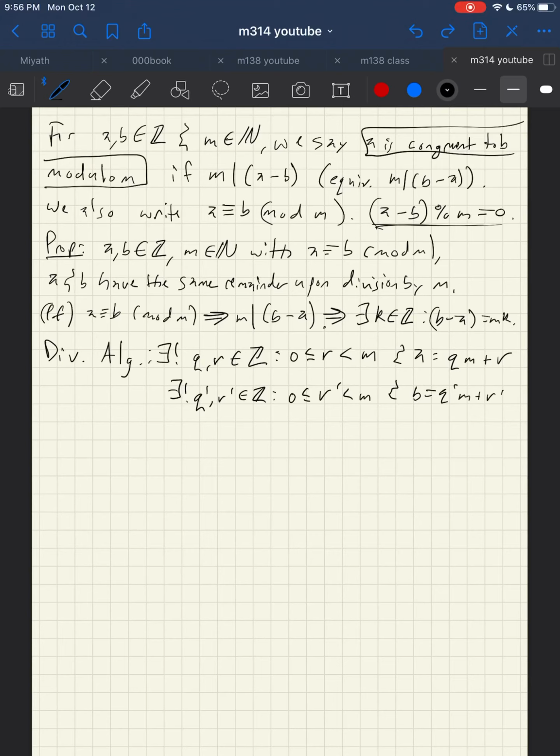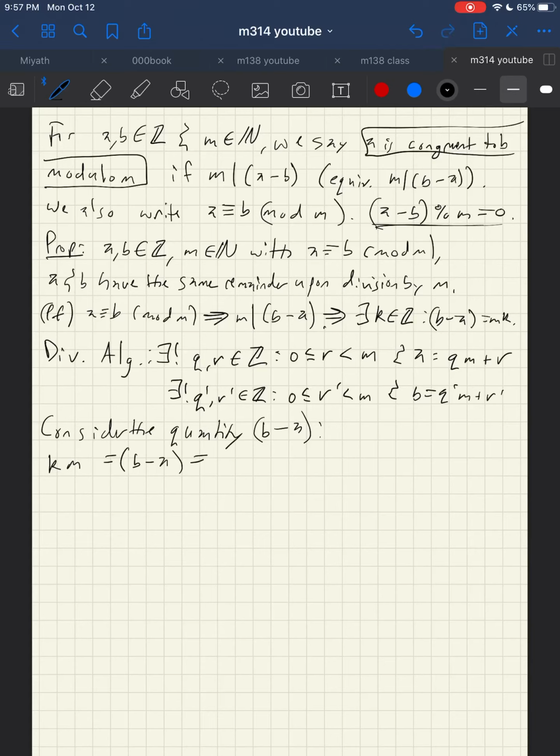Okay, so let's compare two ways to write b minus a. So we're going to consider the quantity b minus a. My first way to express b minus a is k times m, right, we got that up here, or mk, either way.